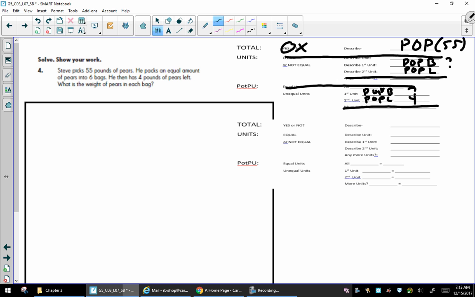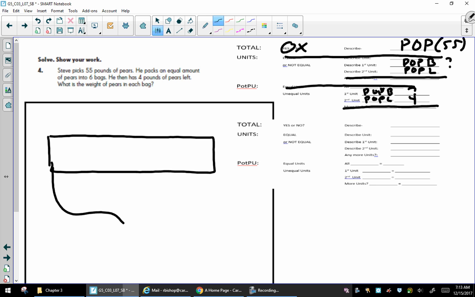So in my bar model, what I'm looking at here is something that looks like this. We know that there were 55 pounds of pears total. That's our total. I'm looking at, there's 2 major parts of this, or 2 major sections of units.